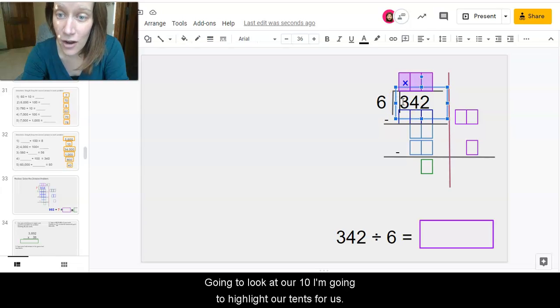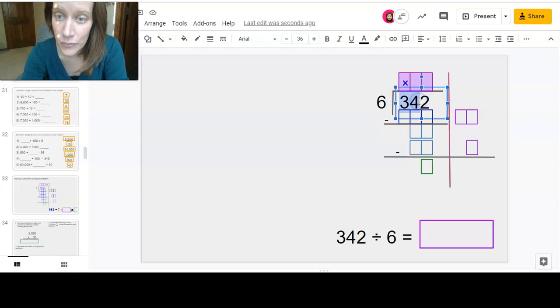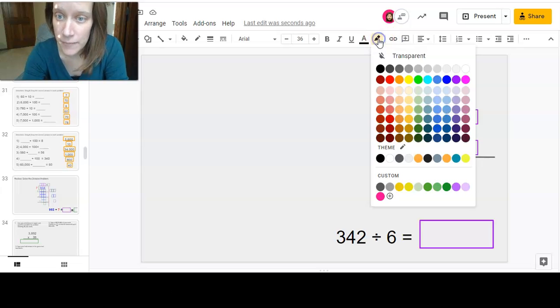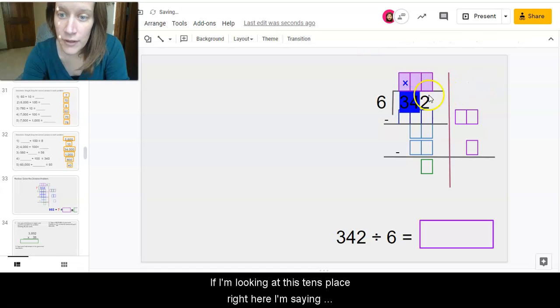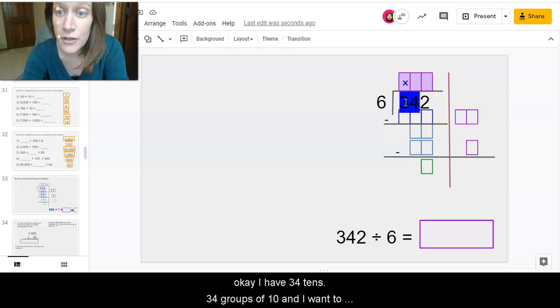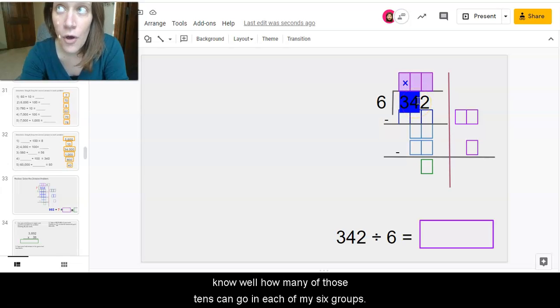I'm going to highlight our tens for us so that we can see exactly what we're looking at. So if I'm looking at this tens place right here, I'm saying, okay, I have 34 tens, 34 groups of tens. And I want to know, well, how many of those tens can go in each of my 6 groups?